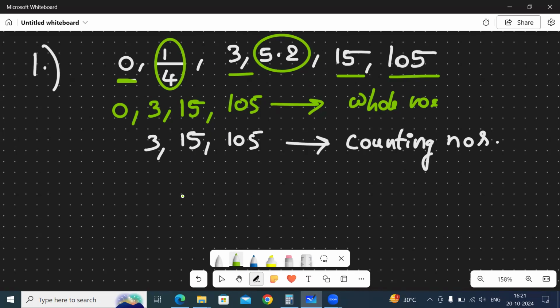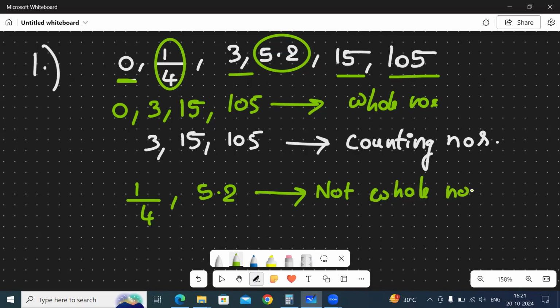These two numbers, 1 by 4 and 5.2, are not whole numbers. You may wonder, if these are not whole numbers, do they belong to the counting numbers category? But no, they are not whole numbers and they are not counting numbers either.